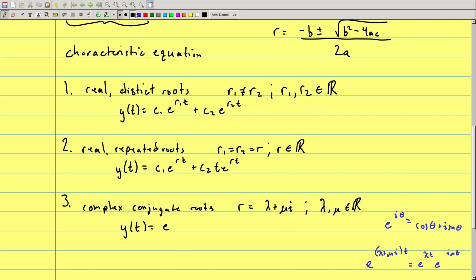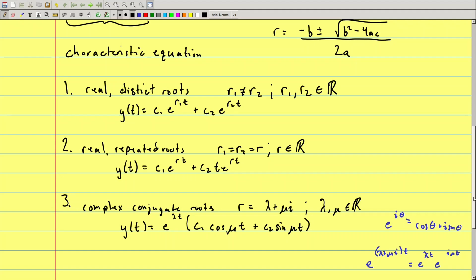Okay. That is where the expression e to the lambda t, c1 cosine mu t plus c2 sine mu t arises from.